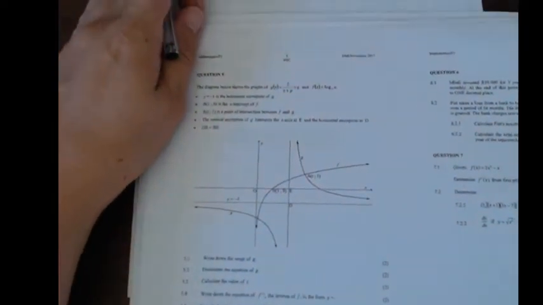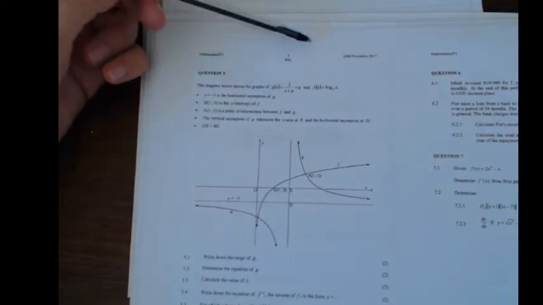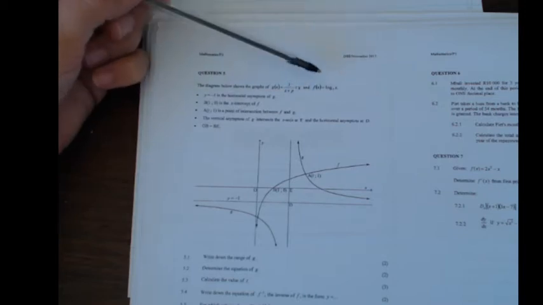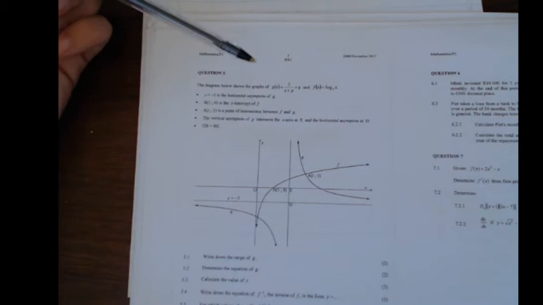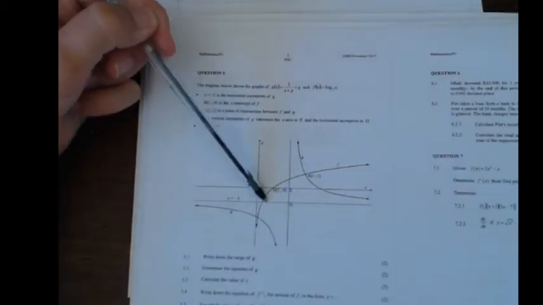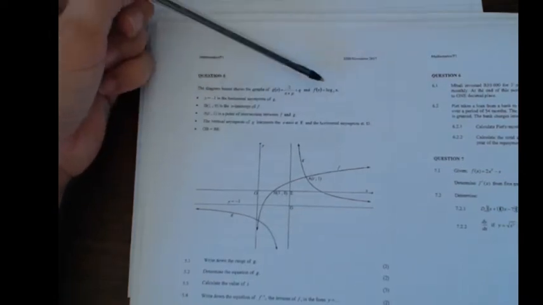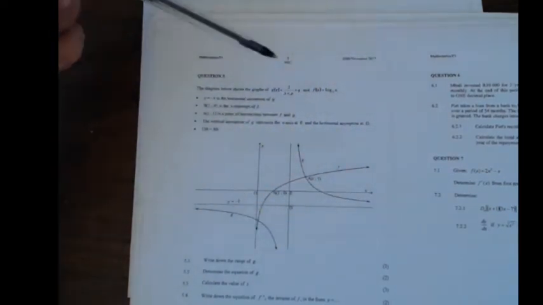It says here, the diagram below shows the graphs of g, which is given by the equation 2 over x plus p, plus q, and f, which is given by log base 3 of x. So that is my log graph, which looks like an exponential, but it's been turned sideways. And obviously this is my hyperbola.